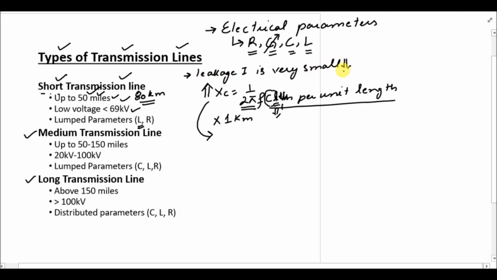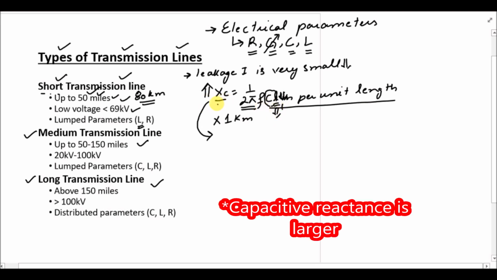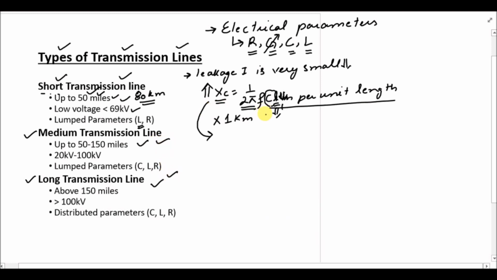Because of the length of the line, which is smaller with respect to medium and long transmission lines, the capacitance is smaller, and so there will be a smaller leakage current passing through those capacitances.